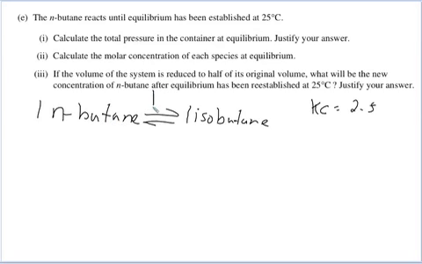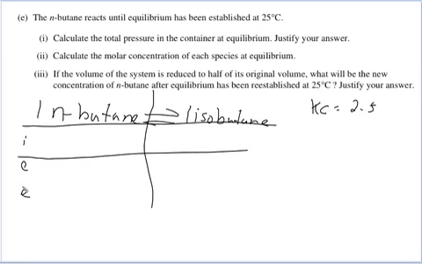That means you should probably make an ICE table: initial, change, equilibrium.